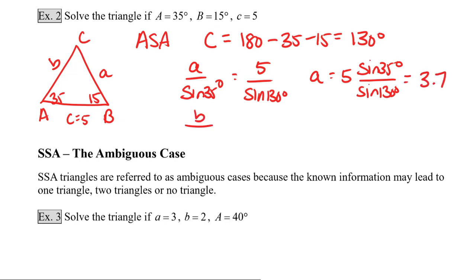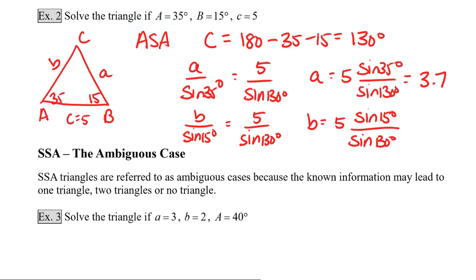And then I can find b the same way. b over the sine of 15 is equal to 5 over the sine of 130, which means b is equal to 5 times the sine of 15 over the sine of 130, which is equal to 1.7.